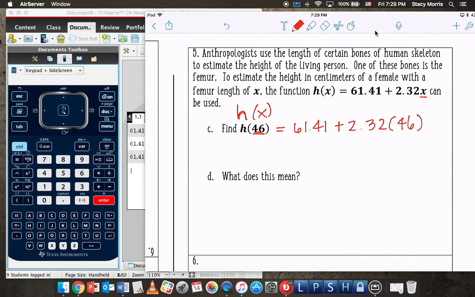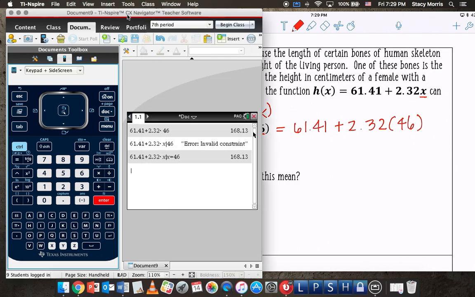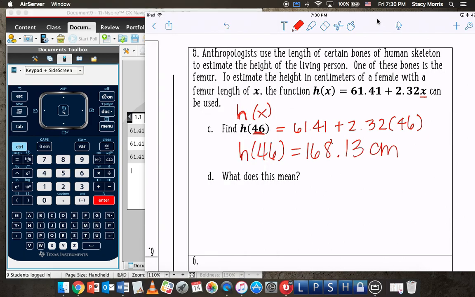So it says that we estimated the height. So h of x equals 168.13. So h of 46 equals 168 and 13/100 centimeters. The next question, really important, says, what does this mean?